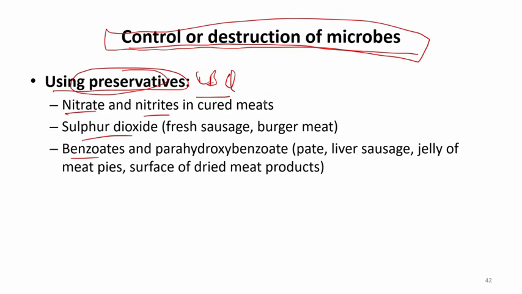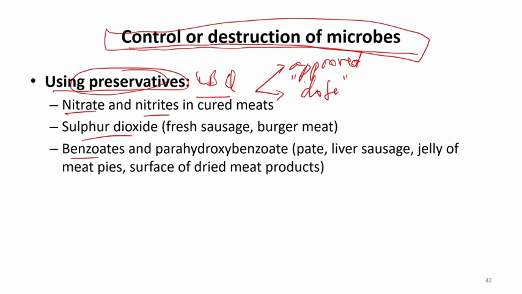And when we use preservative, we have to use the approved, allowed preservative. And the second important point we need to pay attention to is that we have to follow the allowed dose.